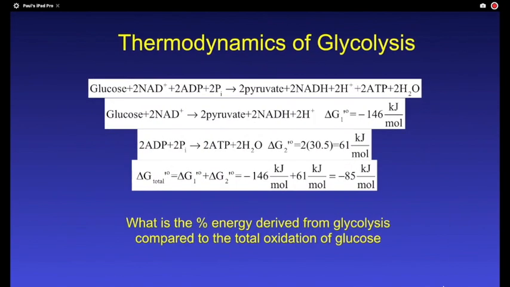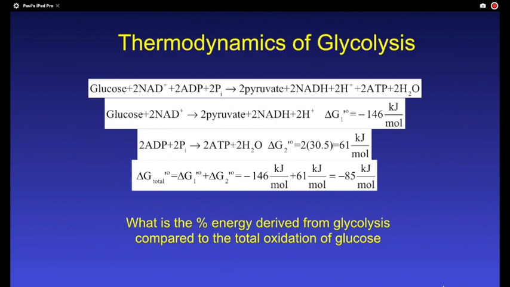Okay? The thermodynamics of all of this, and you need to know the overall reaction, all right, will produce 2 pyruvates, 2 NADH, 2 protons, 2 ATPs, and 2 waters. All right? And the glucose, and if we actually add up Hess's law, we will get out of this a net 85 kilojoules per mole. How much energy are we extracting from glucose using glycolysis?